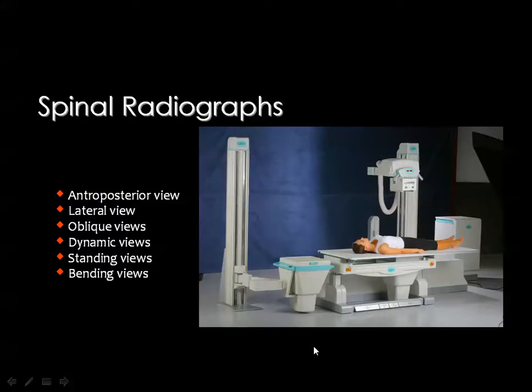And we have many ways for evaluation of the spine. One of the most important of them is the plain X-ray or the spinal radiographs. In the spine, we may have the anteroposterior view, the lateral view, oblique views, dynamic views, standing views, and the bending views.